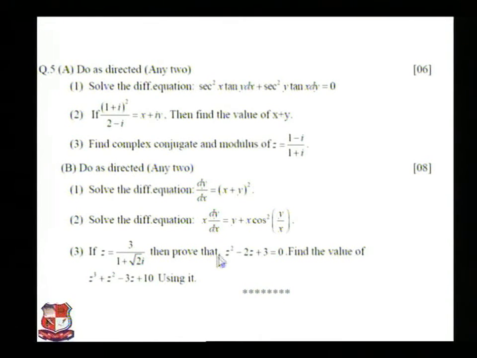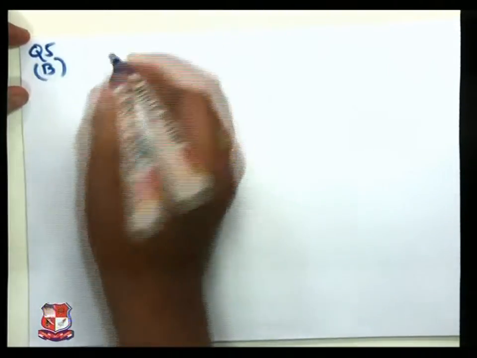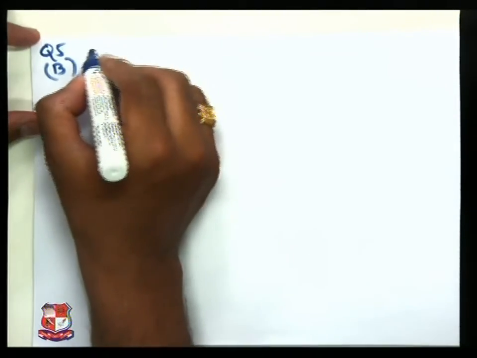Prove that z square minus 2z plus 3 is equal to 0, and find the value of z cube plus z square minus 3z plus 10. So we first write down the question, question 5b.